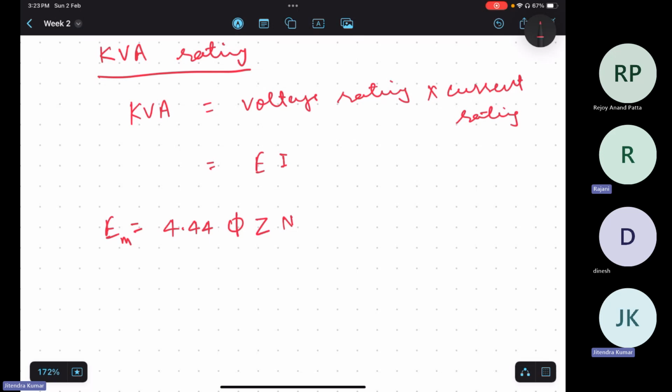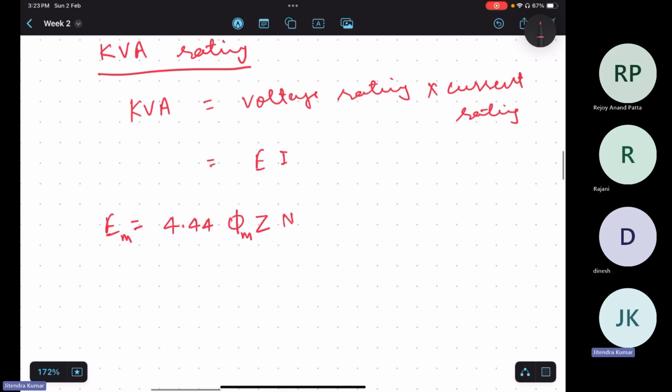And here this phi should be phi maximum, because if you are providing sinusoidal supply, then you will have sinusoidal flux approximately, and then you will have sinusoidal distribution of flux density in the machine. So for that, we are dealing in terms of amplitude.